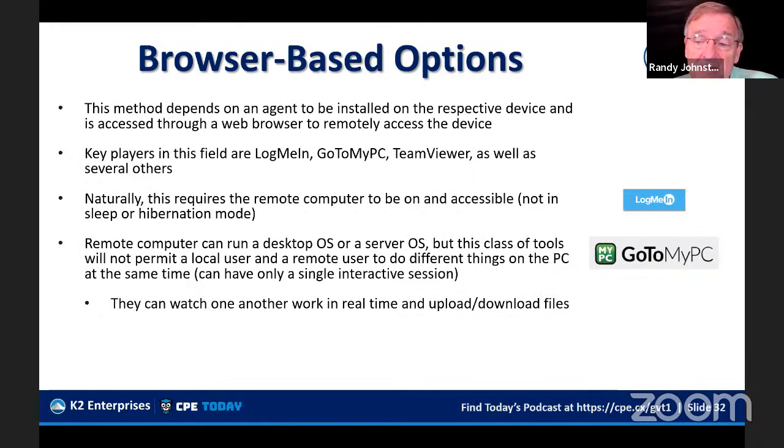Now, this method depends on an agent to be installed on a respective device, and it's accessed through a web browser to access the device. So if you think, I've got a computer at home, a computer in the office, I want to access the one in the office from my computer at home, I can use this piece of software attached to that and work away. Now, the key players in my mind are LogMeIn and GoToMyPC.